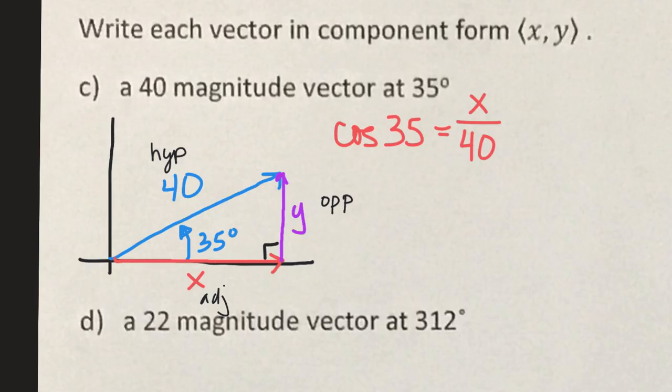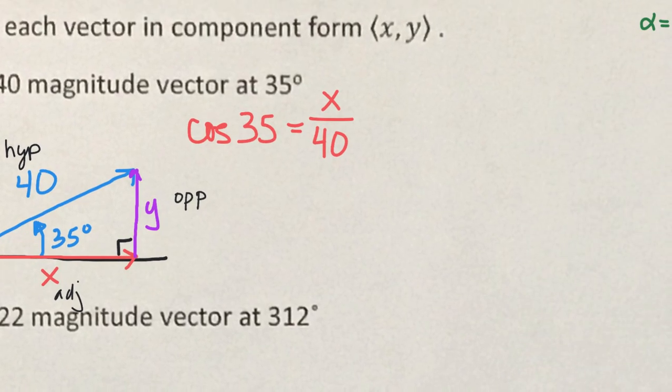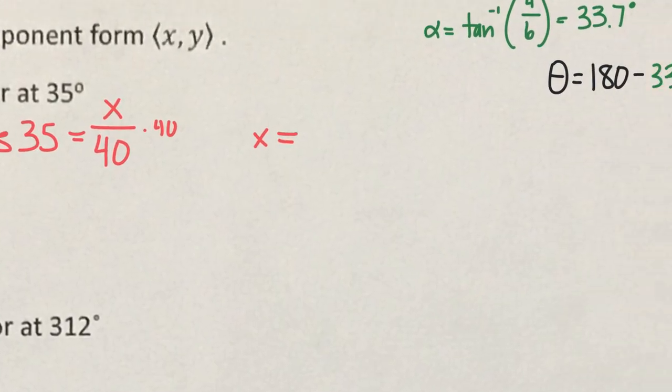We are always going to set up a cosine ratio anytime you're solving for the adjacent side, which is your x value. So if we're going to solve this for x, we'll multiply both sides by 40, and it turns out x is always the magnitude of your vector times the cosine of your direction, the cosine of your angle.